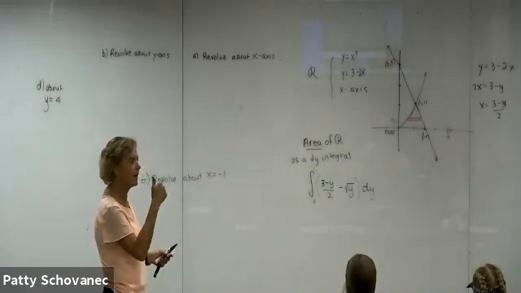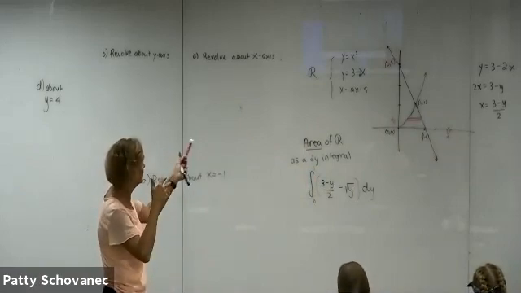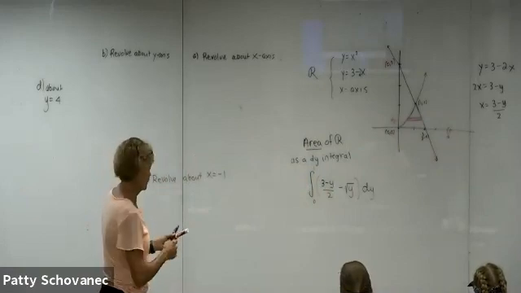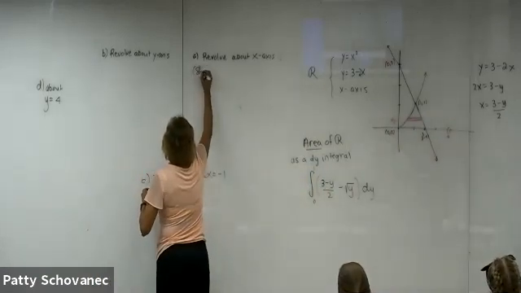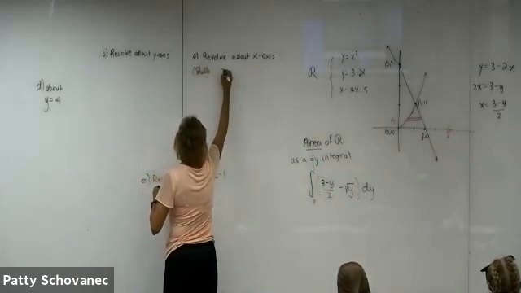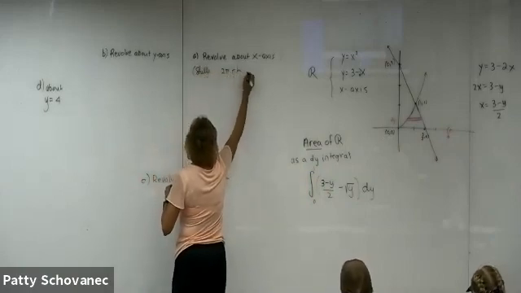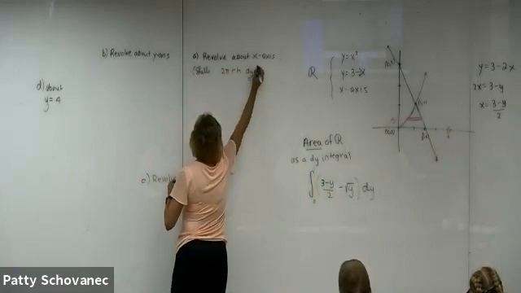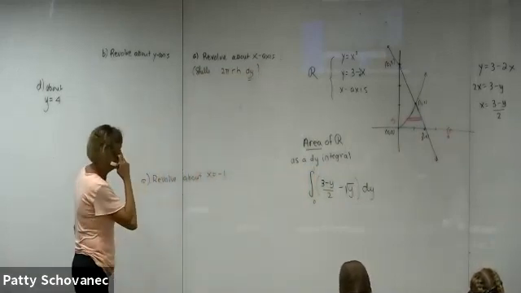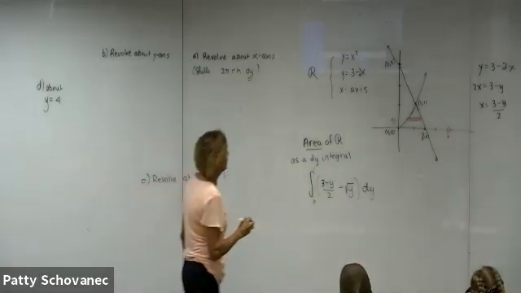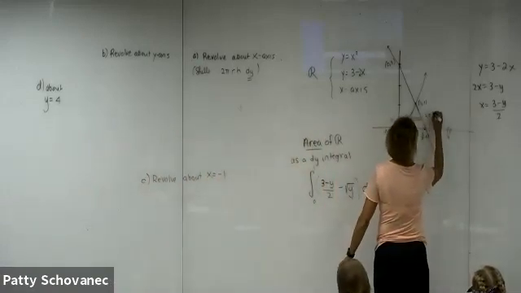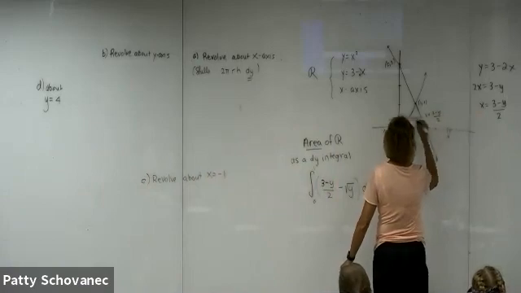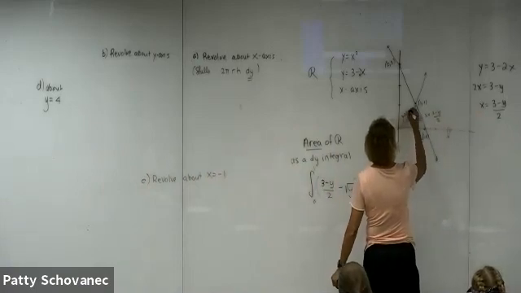So we need a 2 pi r h dy. This is going to be with shells. So I'm looking at this one as being this x is equal to 3 minus y over 2, and this x is the square root of y.